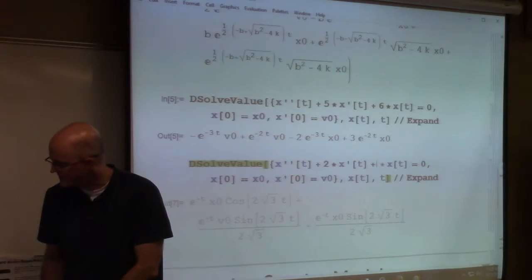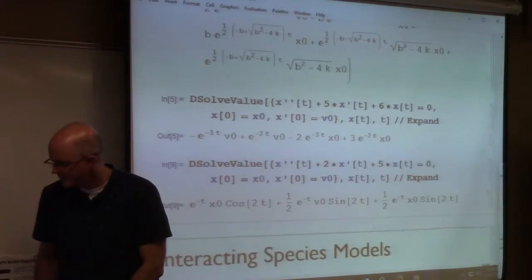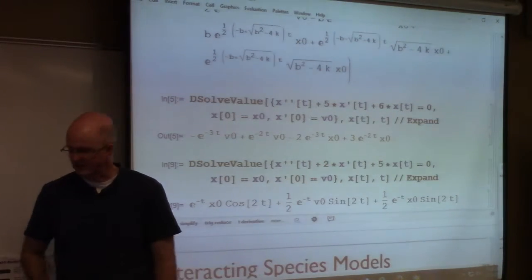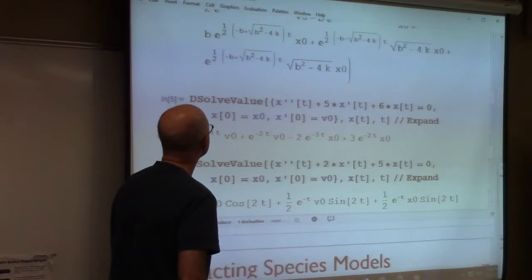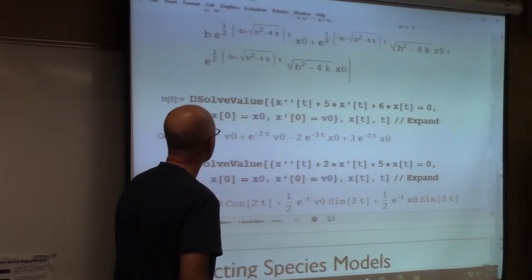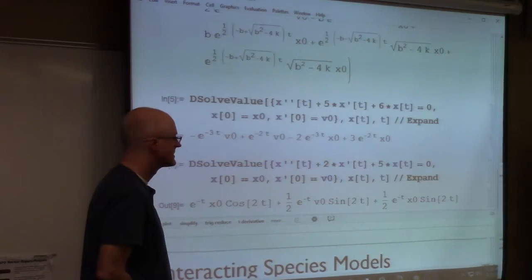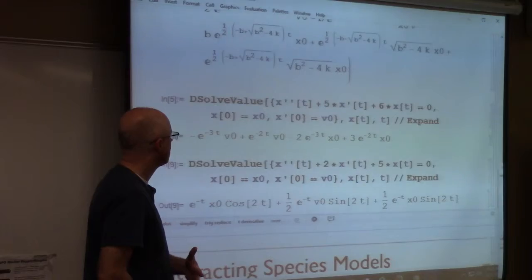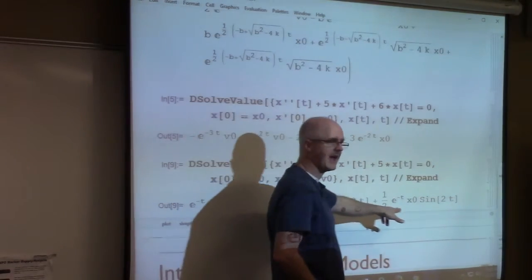Doing these kind of calculations in my head is not my forte. Okay, that's pretty nice actually. If b is 2 and k is 5, yeah, okay, b squared minus 4k would be negative 16. Okay, that comes out nicely, and it does involve trig functions. So if b is 2 in this case, we do get oscillation. But the oscillations die down because they're multiplied by an exponential decay.